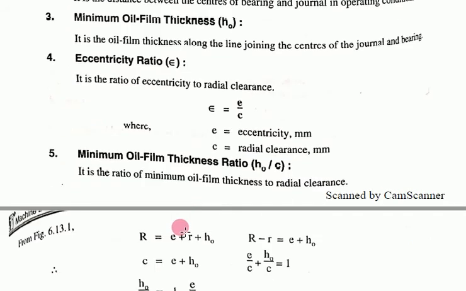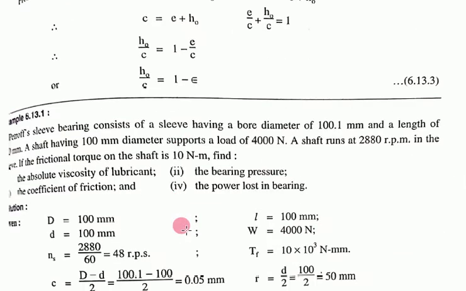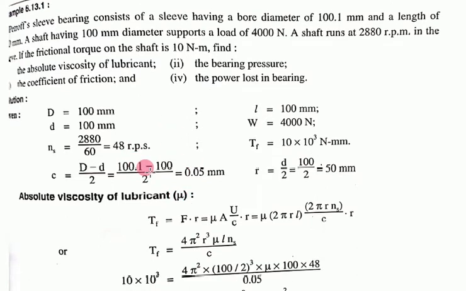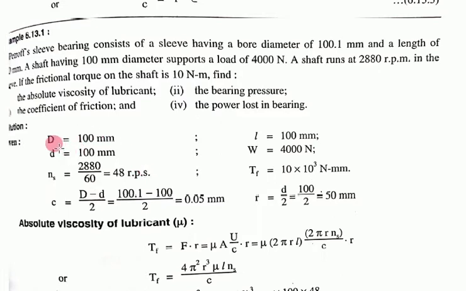Now next is an example for the equations we have seen. The diameter of the bearing D is 100. A Petrov sleeve bearing consists of a sleeve having a bore diameter of 100.1 mm, and the length is 100 mm.